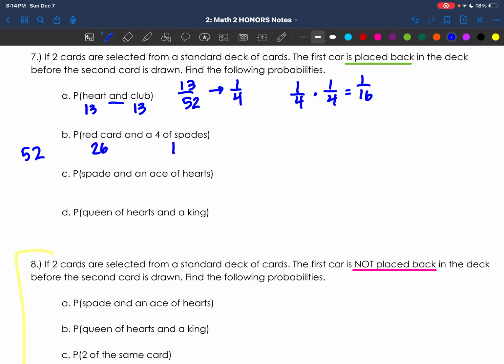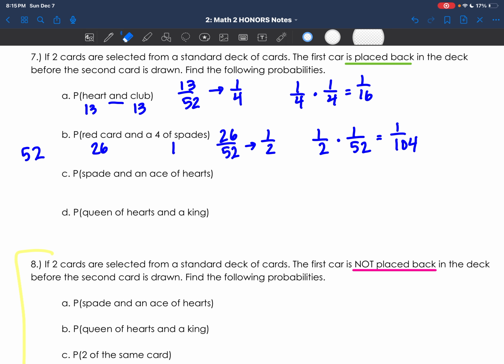You only have 1 4 of spades. So this is only 1 card. Okay. So now I know 26 out of 52 is actually 1/2. So I'm going to use this as 1/2 times 1 over 52. And I'm going to get 1 over 104. There you go.